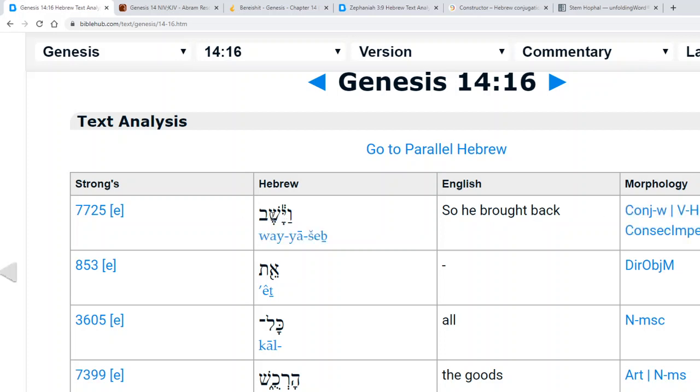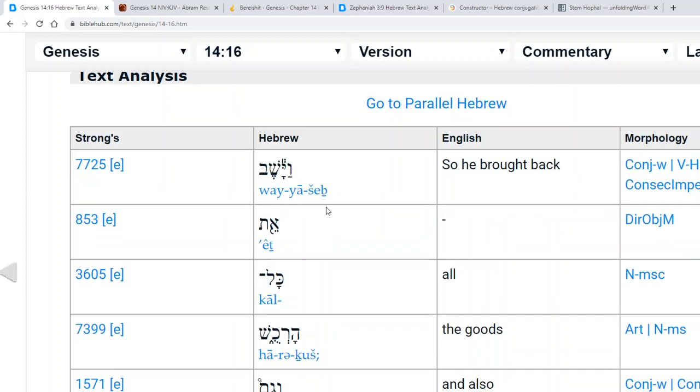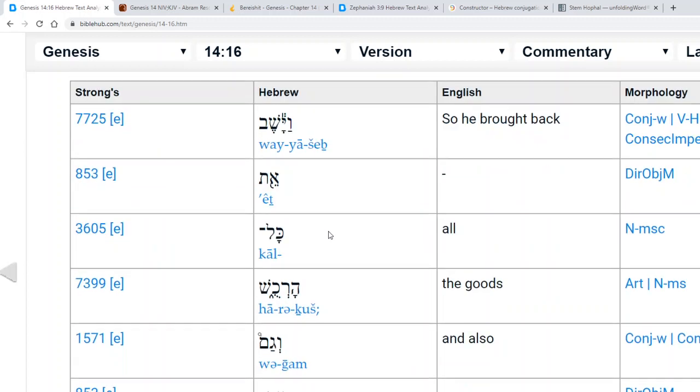Vayashev, well, yeah, it's to return, right? The root I would say is shin vav bet, to turn back. Obviously, only the shin and the bet are showing up, and it's an imperfect and it's getting flipped with the vav. Vayashev. Et, right, is the direct object marker.